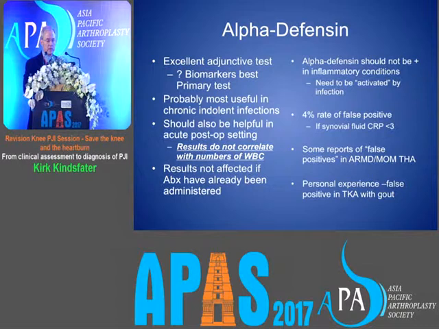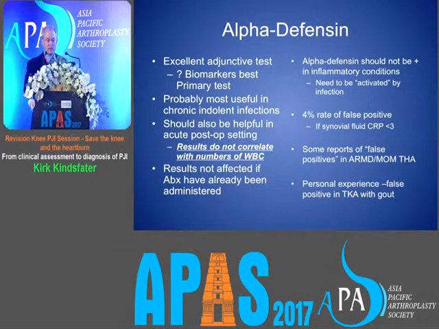It's probably the best biomarker. I think it's most useful in chronic indolent infections where you continue to have culture negative results, but you think they're infected. But it's also helpful in the acute postoperative setting because the results don't correlate with the number of white cells, and the results are not affected if antibiotics have already been given. And it should not be elevated if you have an inflammatory condition, i.e. the postoperative state.